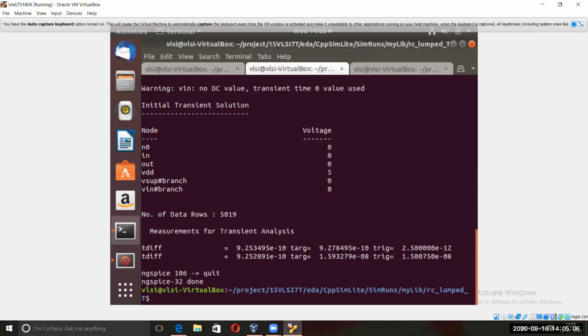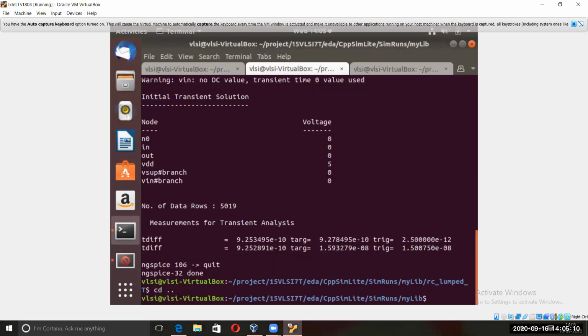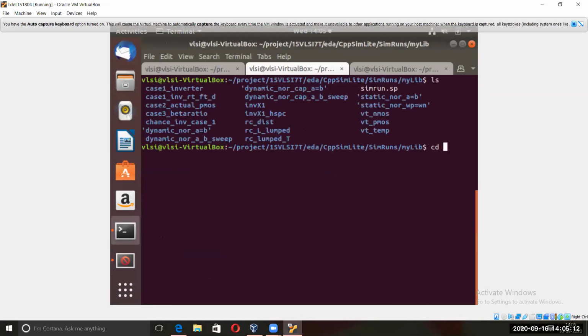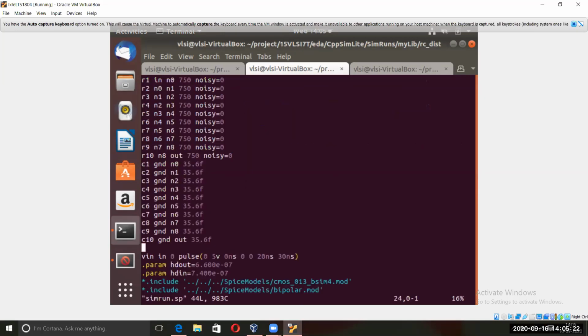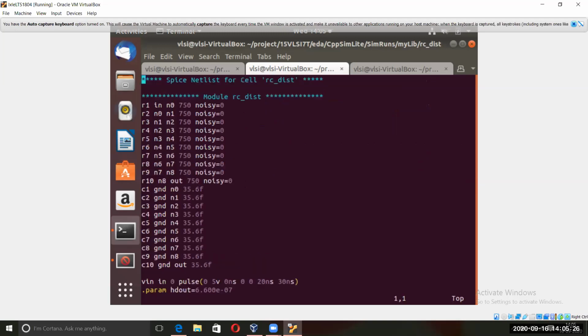Only I have connected 10 segments, in case of that one lumped thing. I'll show you how the netlist looks. This will be the auto-generated one.